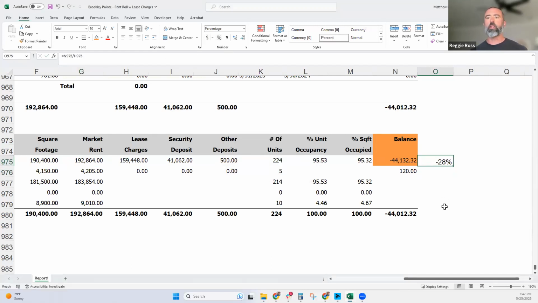So it's important to know how that's distributed. So 44,000 sounds like a large number, but if it's all less than 30 days, I wouldn't worry about it. Now, you never want your delinquencies above more than 10% of the total rent. So that's pushing 25%. So it's high.